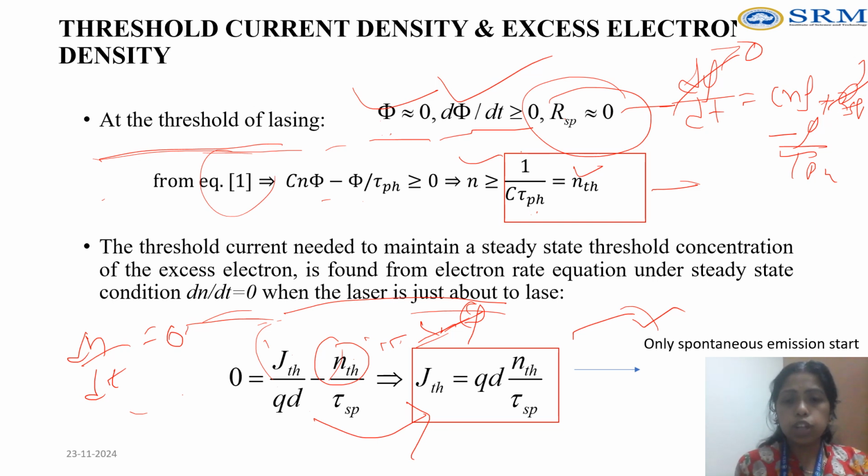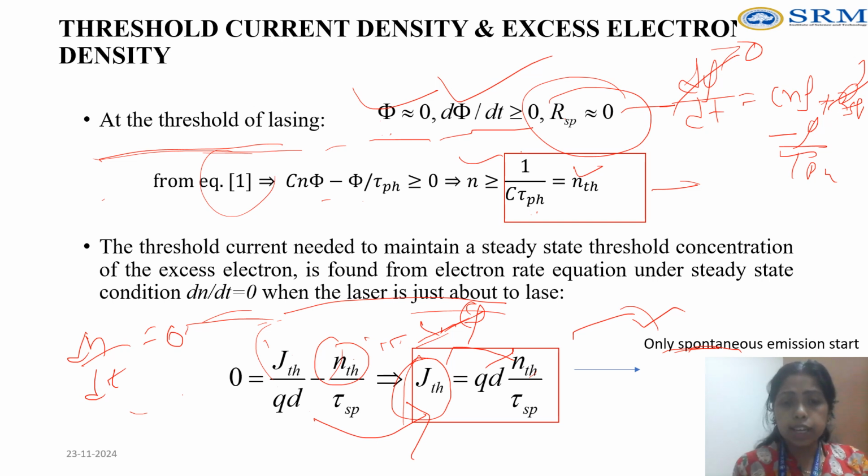After that, you can put the N th value. So this is the threshold condition when the spontaneous emission starts. That means you have to give this much current density so that this much electron will be generated, and this much electron will be responsible for the spontaneous emission.